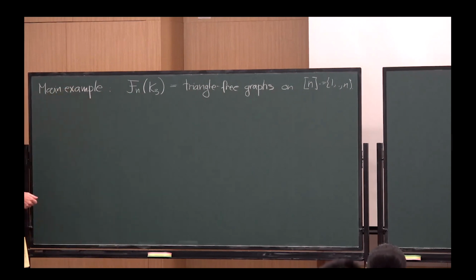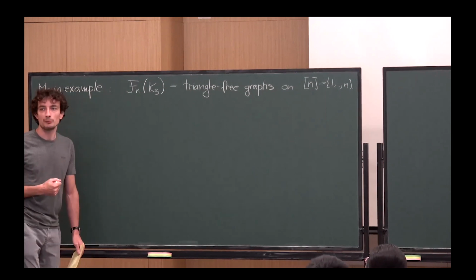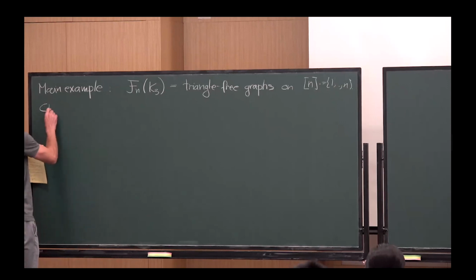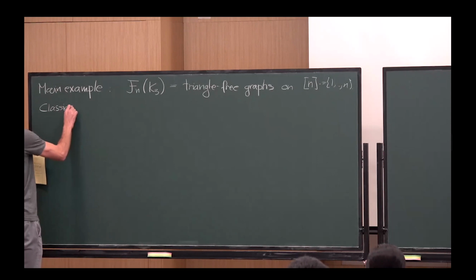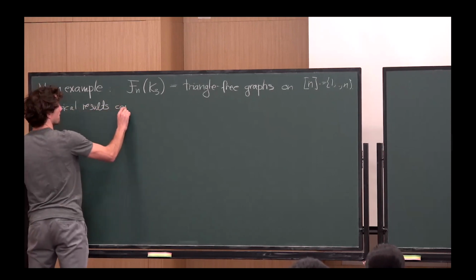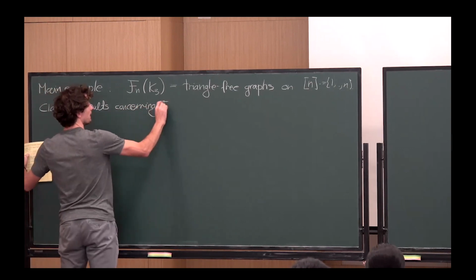And if you've taken a slightly more advanced course in graph theory or extremal combinatorics, you probably know at least one result about this family. So, classical results concerning this family.